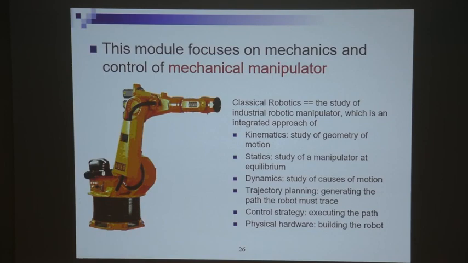If you are looking for autonomous robots, this probably may not be the course for you. If you look at it, the kinematics, statics, and dynamics are still a lot toward mechanics.